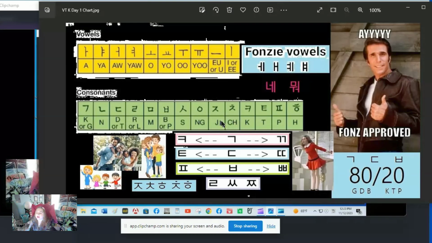Next, we have the chieut. And as the sound suggests, this chieut is like Chicago or chair, that CH sound. So we take the chieut, pair it with the ah vowel. What sound is it going to make? Cha.